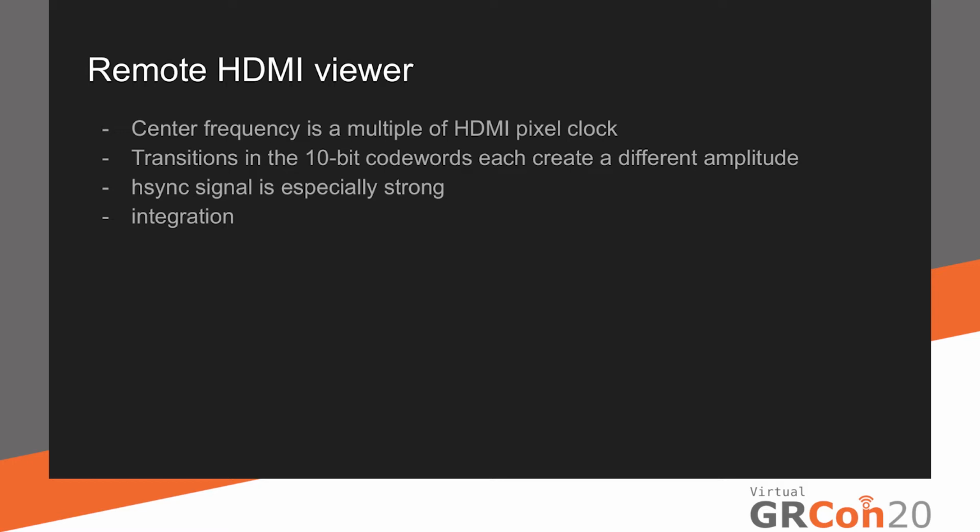Well, it turns out that HDMI transmits color values as 10-bit code words, and each code word, this is my speculation, produces a very specific amplitude in the emanation, and it's very predictable in the way that the 10-bit pattern stays the same from frame to frame. And because monitor video tends to be very static, it's very easy to average between frames or integrate.